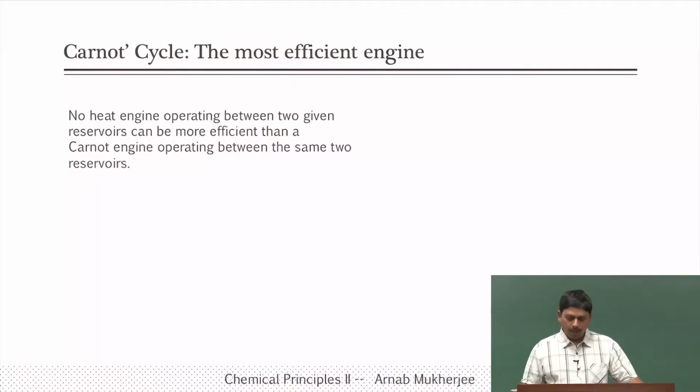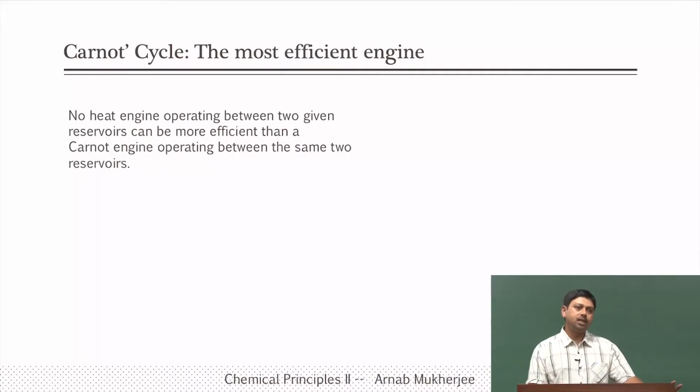We have discussed the efficiencies of those. However, there can be many other possible engines or thermodynamic cycles that we can construct and calculate their efficiencies. But the important thing is that for the Carnot engine, which is hypothetical, we can show that no heat engine operating between 2 given thermal reservoirs, meaning reservoirs with fixed temperatures, can be more efficient than the Carnot engine operating between the same 2 reservoirs.